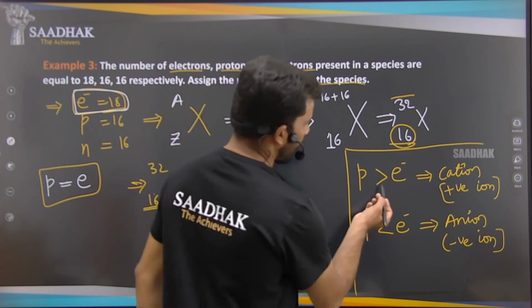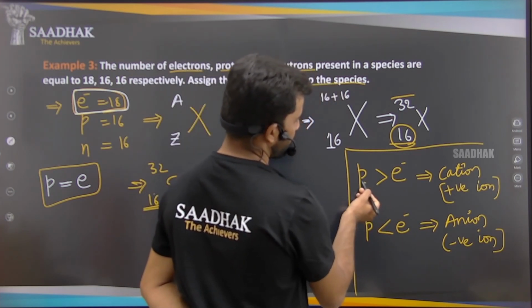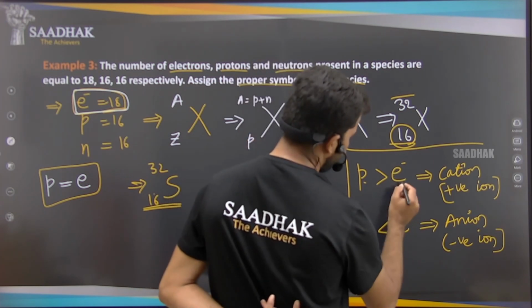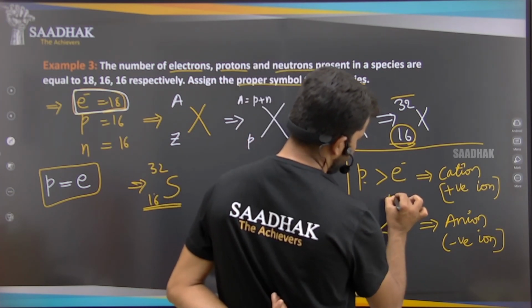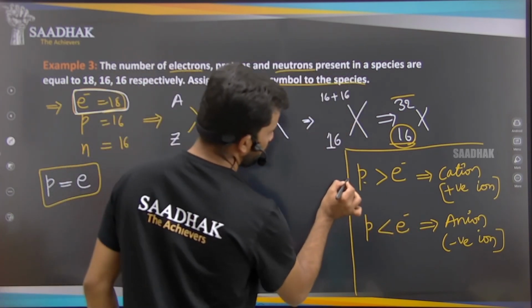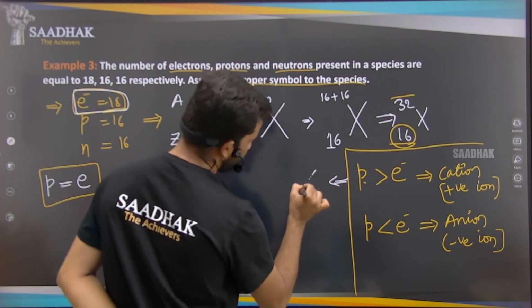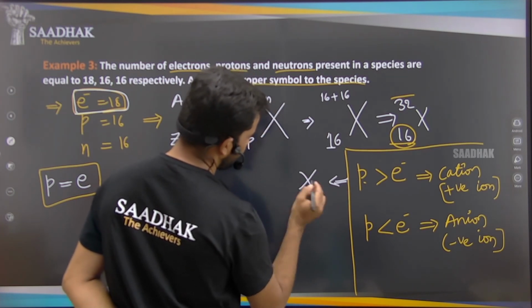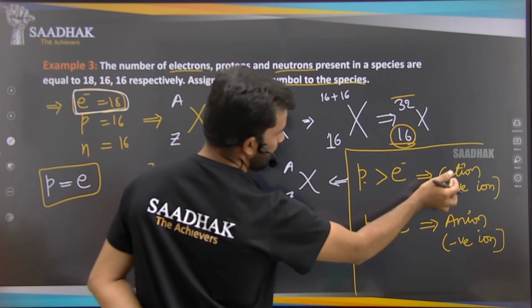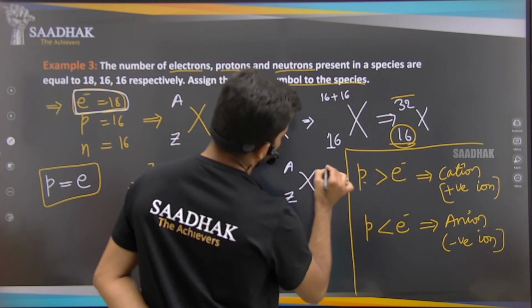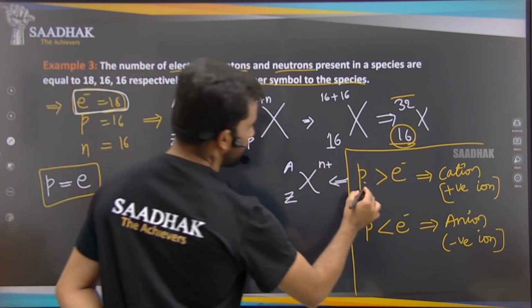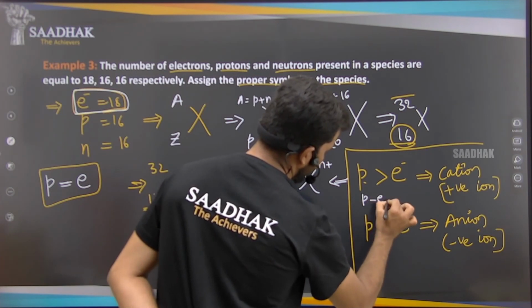Depending on how many more protons or how many fewer electrons there are, if this is our atom with Z and A, the cation will be represented as N plus, where P minus E equals N.